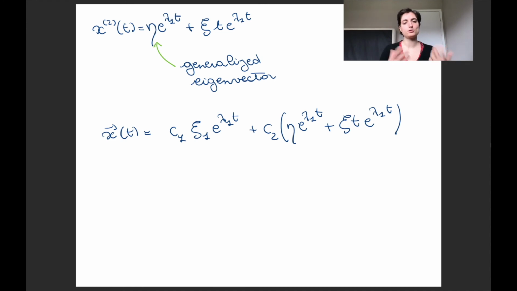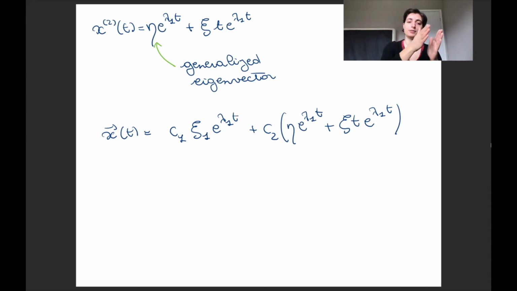So we can write the general solution, the full solution of our ODE system depending on C1 and C2. So we have C1 xi exponential of lambda 1t plus C2 multiplied by the whole block, eta exponential of lambda 1t plus xi t exponential of lambda 1t. This is true in general. In cases in which your multiplicity is higher, what you have to do is have even more terms in the block depending on xi.